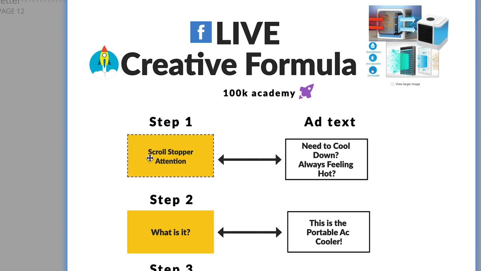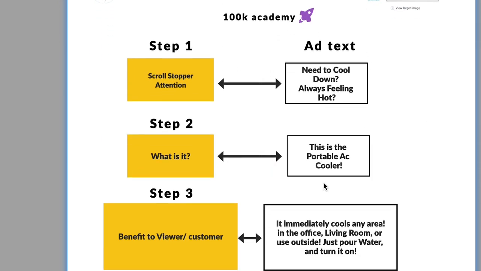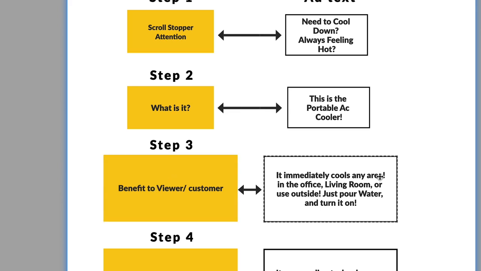So here's the simple text overlay that I'll be using along with my video. In the beginning, it's gonna say something like "need to cool down," and it's gonna show someone who is clearly overheating. The next thing is, what is it? This is the portable AC cooler. What is the benefit? It immediately cools any area: the office, living room, outside. Just pour water and turn it on.